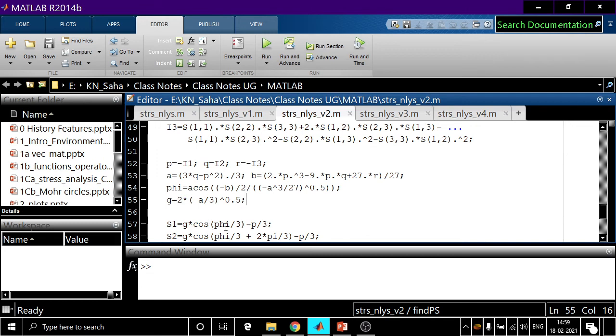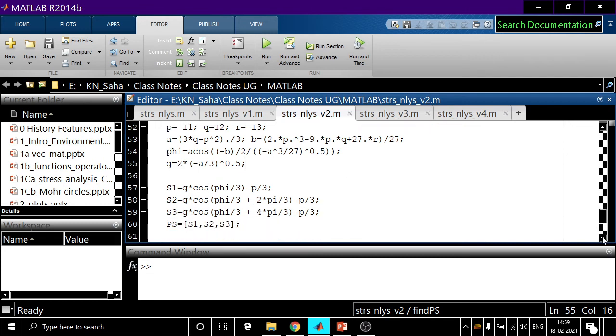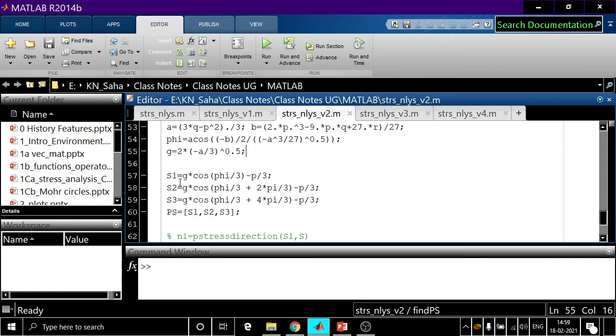And these are the three roots. These three roots are named as S1, S2 and S3. So they are the principal stresses. Here cos phi by 3, then there was this plus 2 pi and this plus 4 pi. And this is our principal stress.